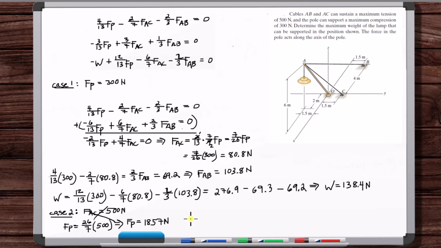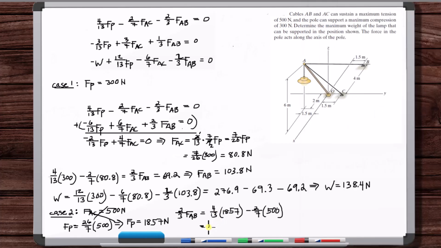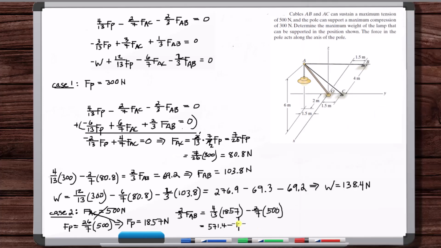I mean, we can see what FAB would end up as in this scenario. So 2/3 FAB is equal to 4/13 FP minus 2/7 FAC. Okay, so 571.4, 142.9.